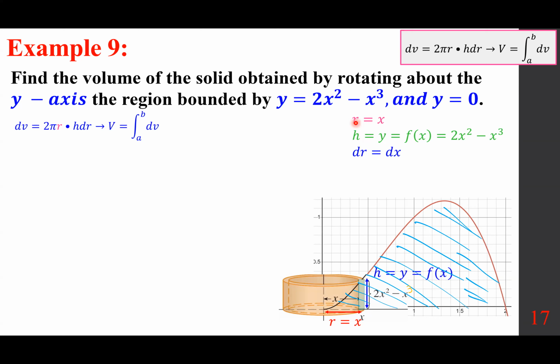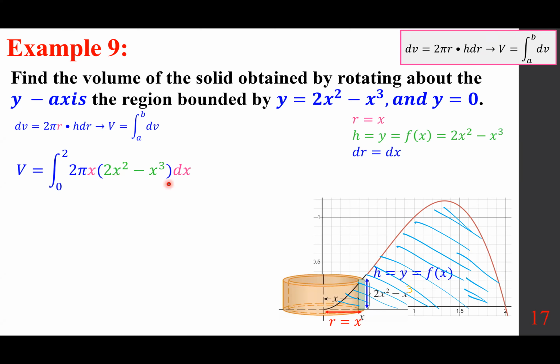And I put dr, it just basically goes with that. Since this is x, is dx. And so let's put that into this formula, 2 pi r h dr. So 2 pi x times 2x squared minus x cubed.